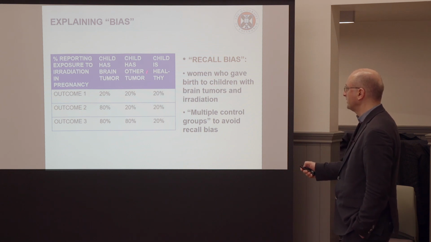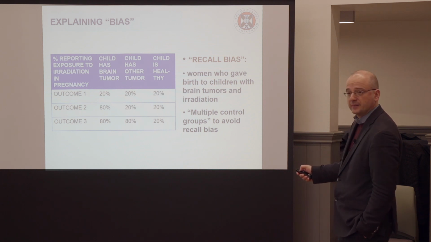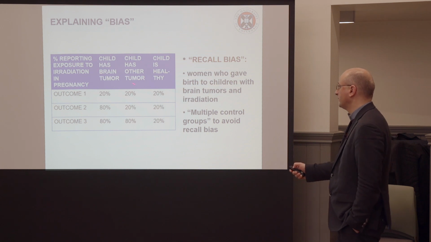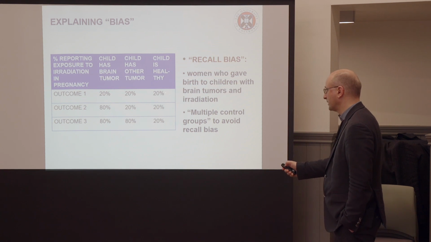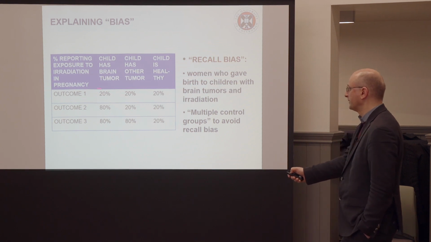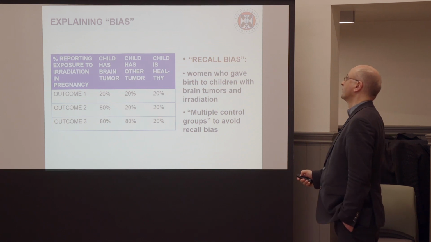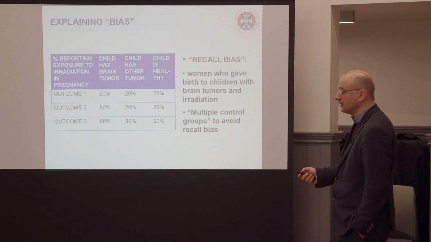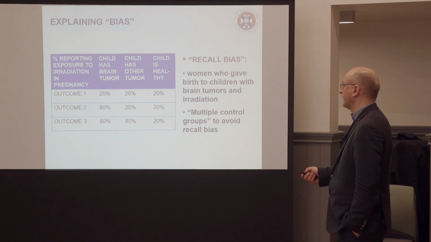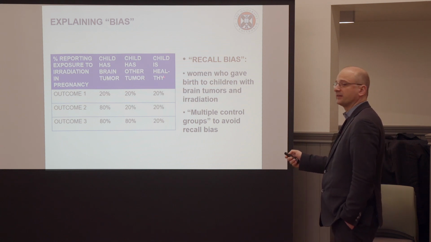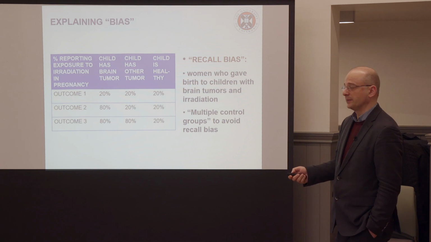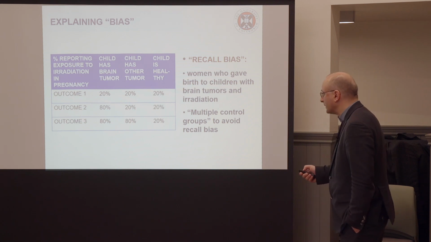Then you introduce a group where the child has some other tumor, not brain tumor, and if they said 20%, and if the mothers whose child is healthy also say 20%, then that means that irradiation can't possibly have any effect on brain tumor development, because all of these three diverse sets of mothers report the same level of exposure.